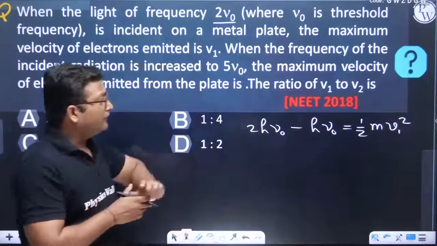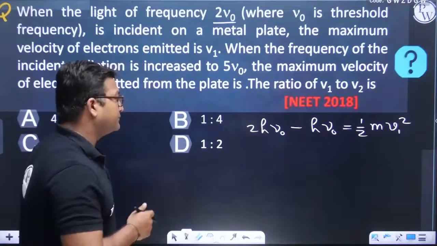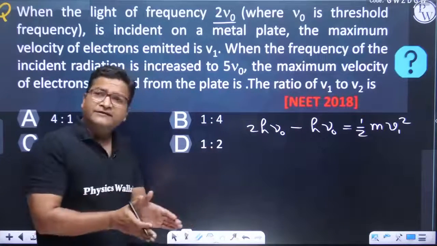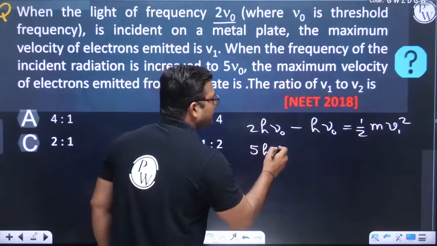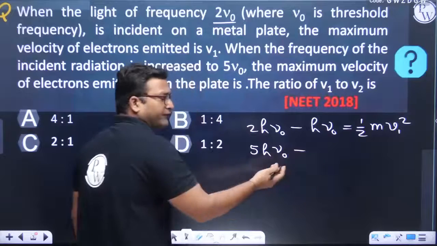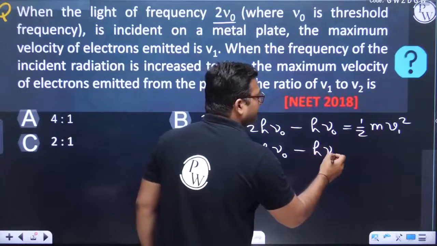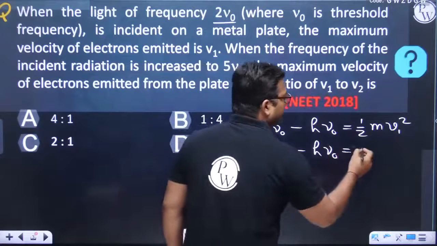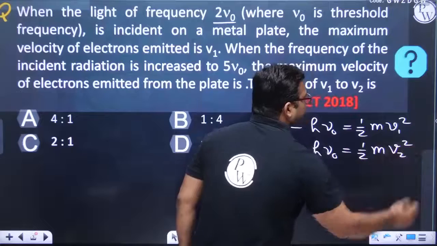So what is v1 by v2? We have to find the ratio of v1 and v2. According to the next condition, we can say 5h nu naught minus the same work function, because the metal is the same here, h nu naught, equals half m v2 squared.